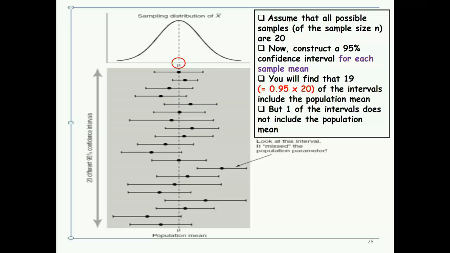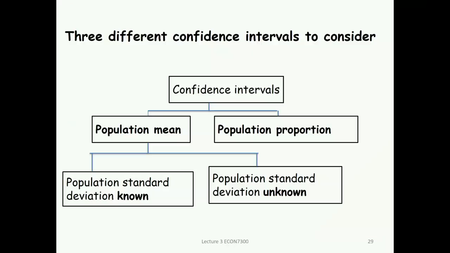So the larger the confidence level you choose, because look at this one: in 95 out of 100, 19 out of 20 would be. If you make this one 80%, 16 would contain the population mean. But 4 of them wouldn't contain it, isn't it?